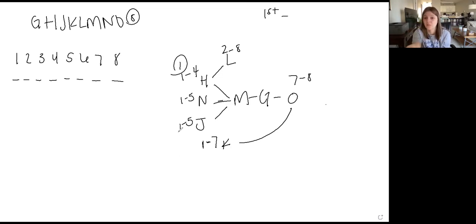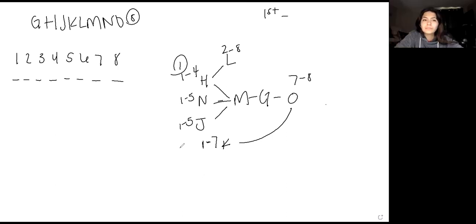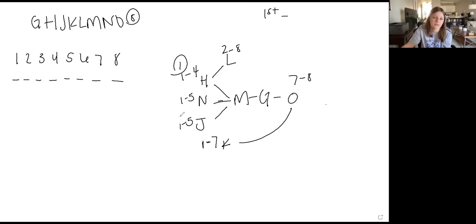When I have these ranges, I can go, oh, I have N, J, K, and I guess I could have M and G too in my 5th spot. I can count what my ranges are, and it just becomes a lot easier because you have these ranges.